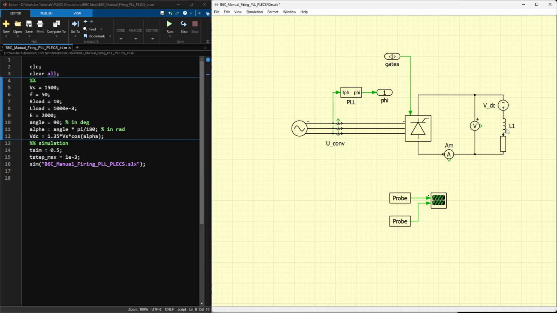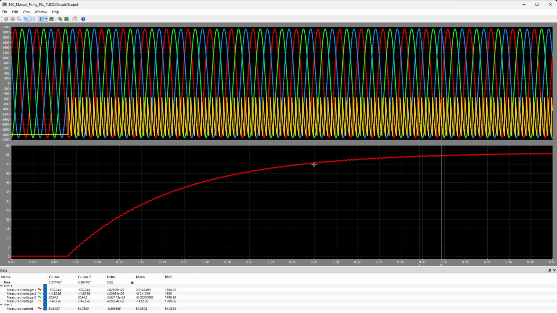In this scenario, if we want to go to the inversion mode, we need to increase the firing angle beyond 90 degrees. So let's take 135 degrees and rerun. Now the output voltage should be entirely negative, as expected.